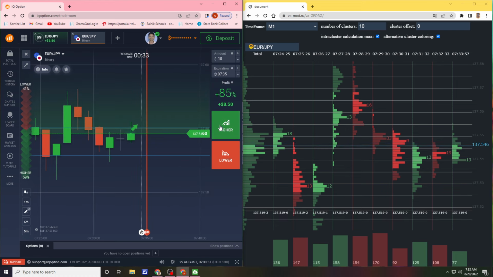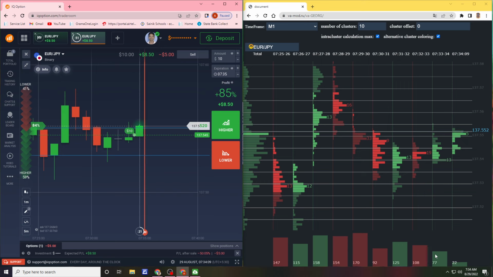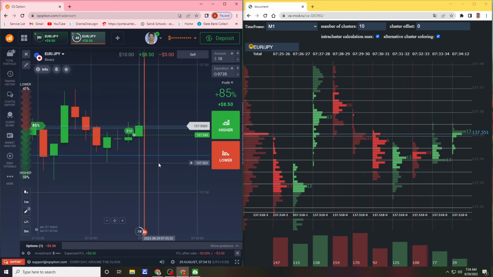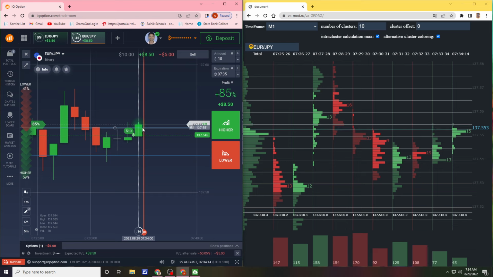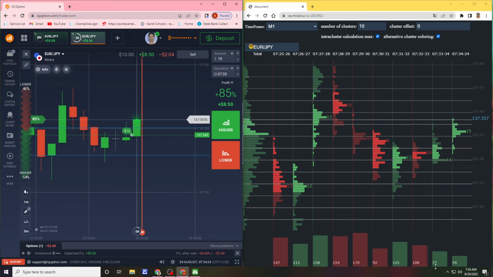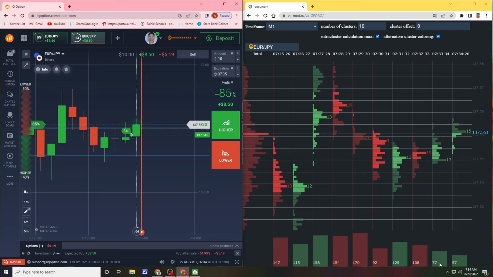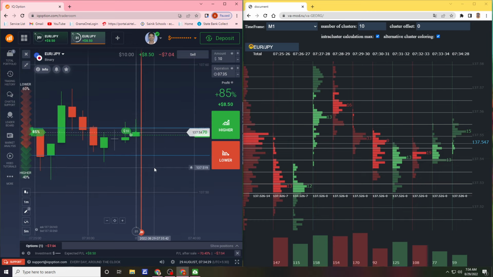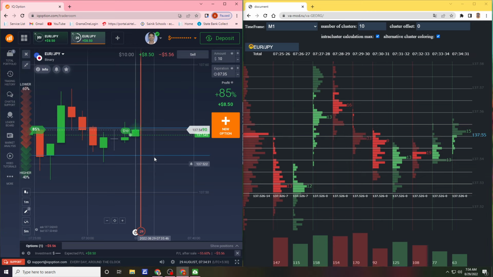Okay, I think it's better to go with the buy option here. Why? Because this POC was tested with low volume. There are still buyers available to enter the trade here, because buyers are pushing the upside. If the previous candle's volume is higher, I go with the sellers, because the sellers are showing their volume.